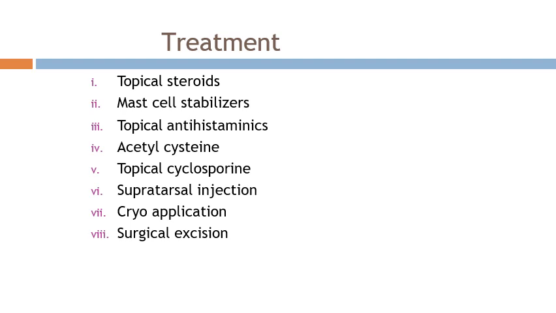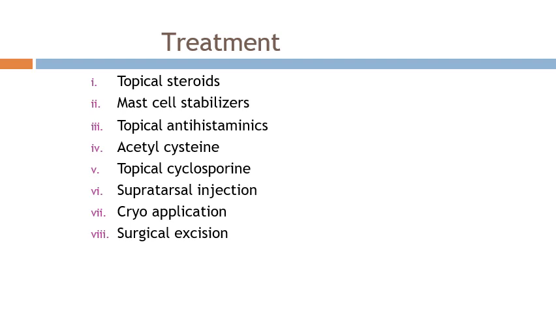For the treatment, as the inflammation is more, we have to start with low-potency steroids in the form of loteprednol or FML drops, or in severe cases prednisolone eye drops in a tapered fashion. To stabilize the mast cells, we can use mast cell stabilizers.